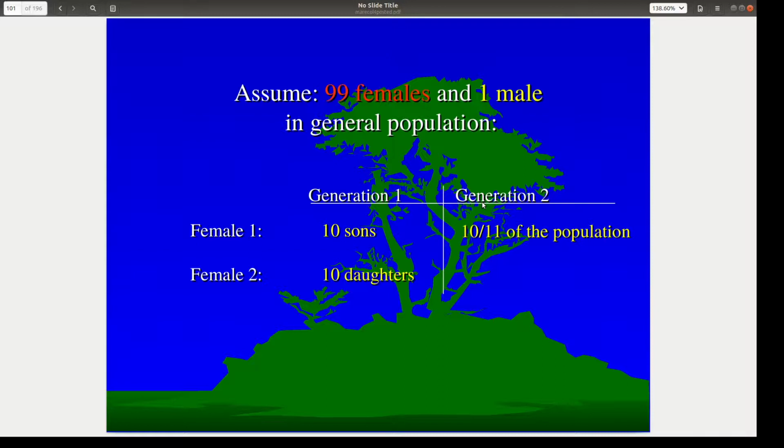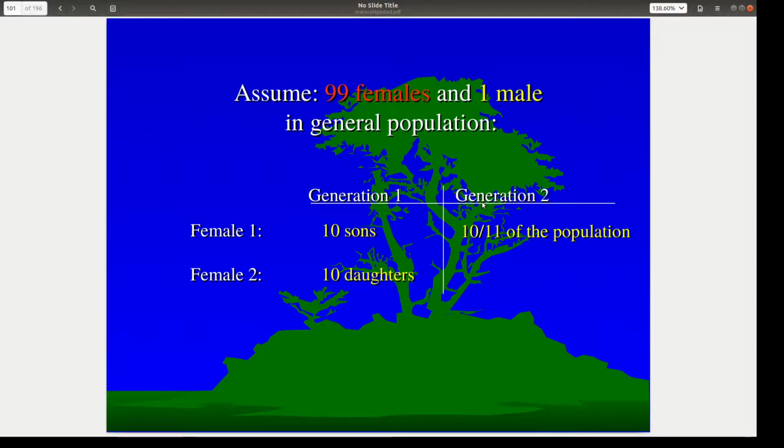So they compete against only one male in the general population. These 10 sons constitute about 90% of the total male population. And crucially, these 11 males will father all of the next generation. So on average, 10 of the 11 offspring will be fathered by those 10 males produced by our first female. So about 90% of the following generation are descendants of this female, number one.